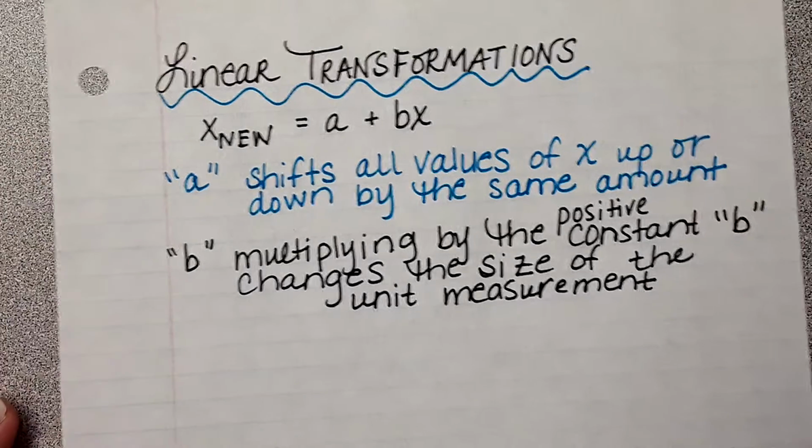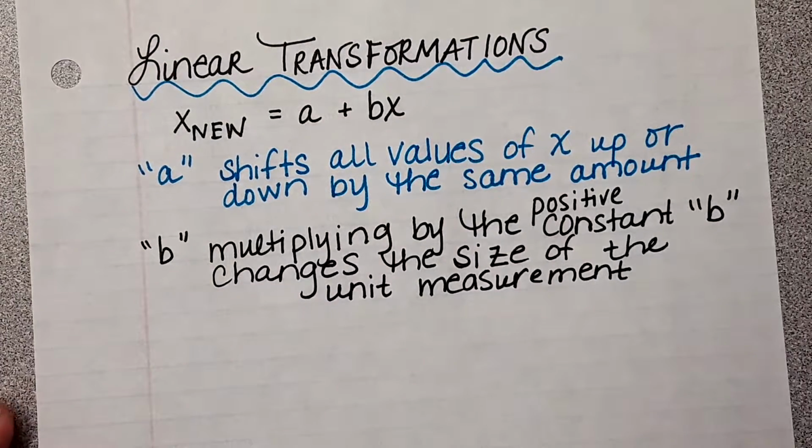It looks a lot like y equals a plus bx, and we are going to do that in chapter 3. But what we are going to look at is how multiplying or adding something changes the measures of center and the measures of spread.